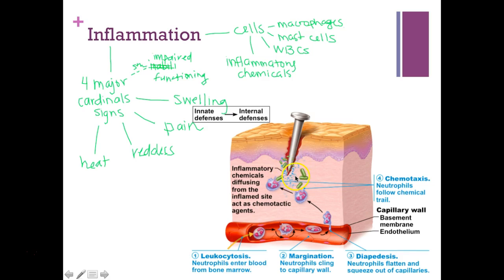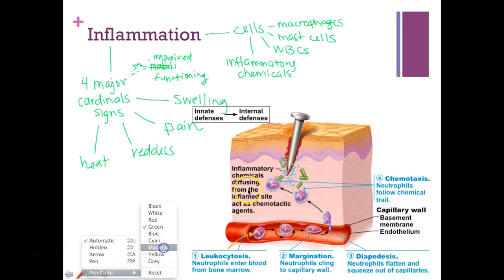And so we get these inflammatory chemicals being sent into our blood, okay? And that's going to tell our body to send in more white blood cells, more cells in general to help with our immune attack against this. So our white blood cells all start filtering into this area, okay?